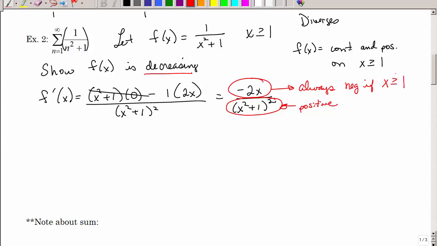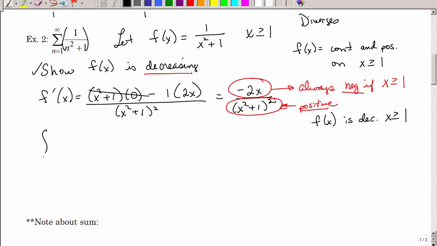Remember, if we had some negative values for x, it would be positive. But since this is negative and that's positive, negative divided by positive is negative. So we've now shown that f of x is also decreasing as long as x is greater than or equal to 1. But we've still not done the integral test. So we have to now do the integral test.